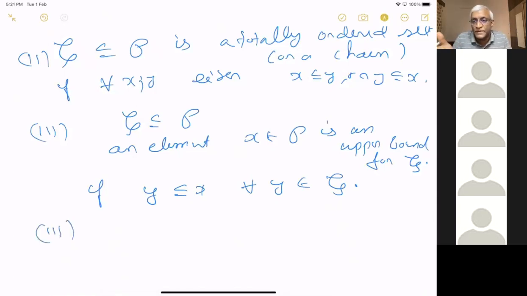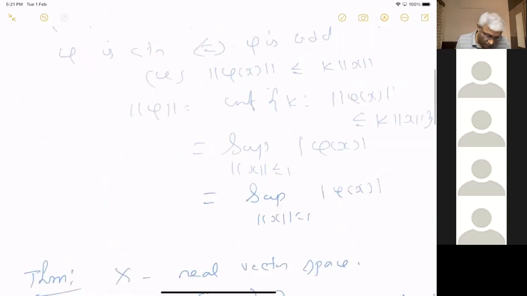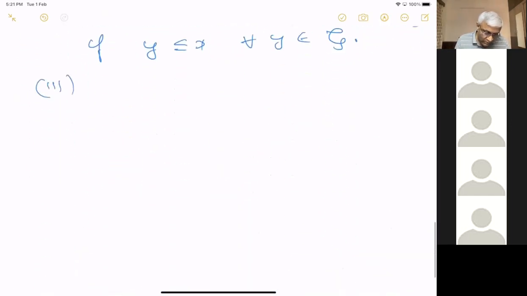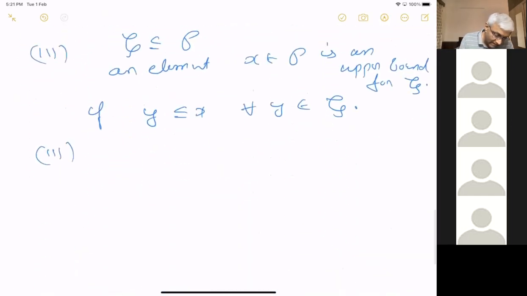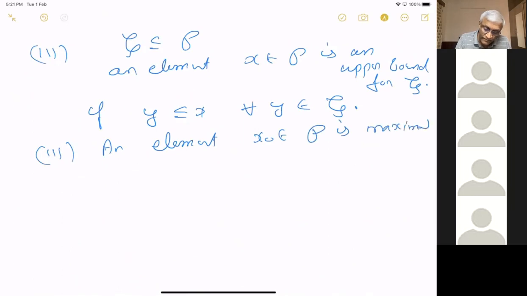Maximal element is something different. Upper bound is for a subset, and this does not require a subset: an element x naught in P is maximal if there does not exist any other element which dominates this element.